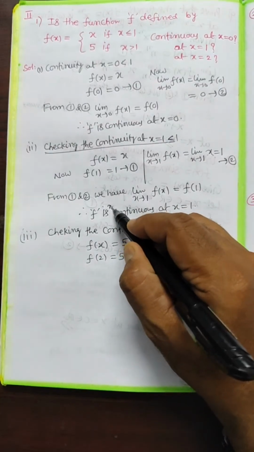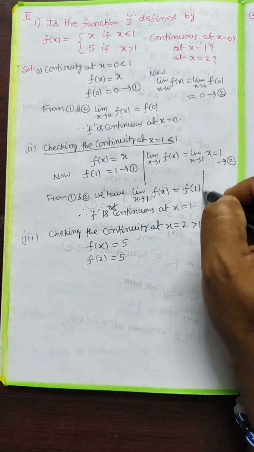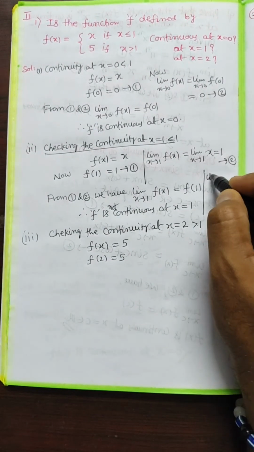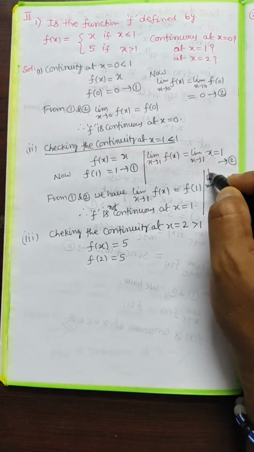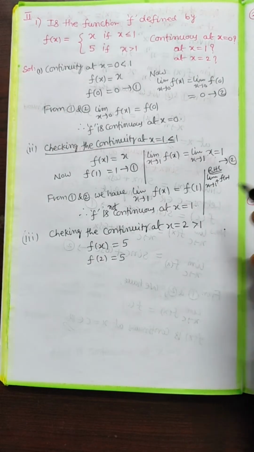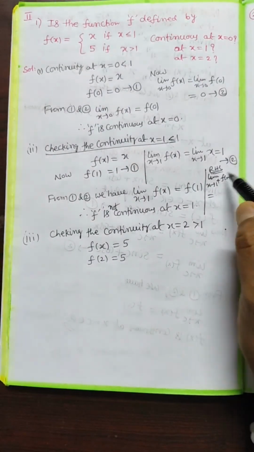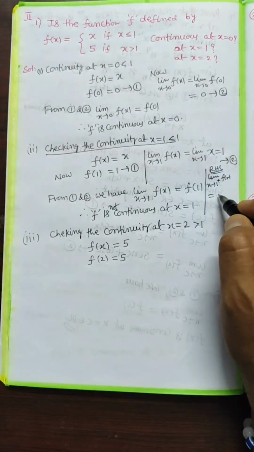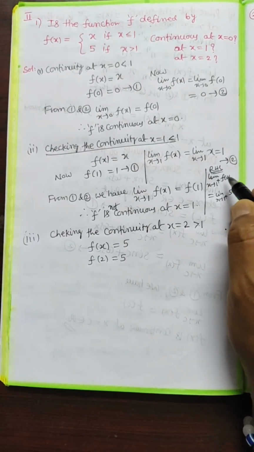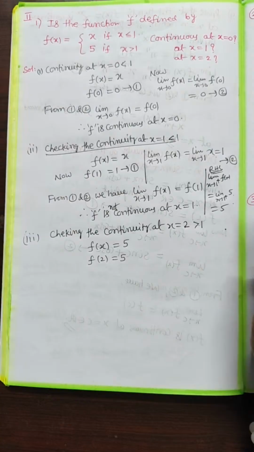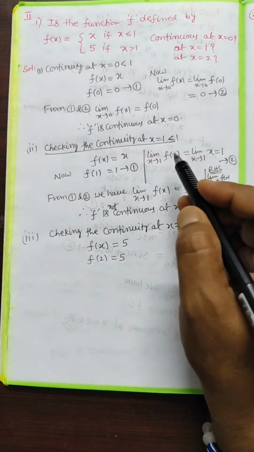F is not continuous. Why? Because here limit x tends to 1 plus f of x, the RHL value. x tends to 1 plus means x is greater than 1. That value is 5. Limit x tends to 1 plus f of x value is 5, the right hand limit.